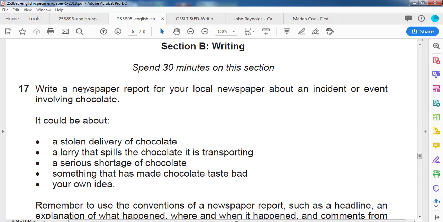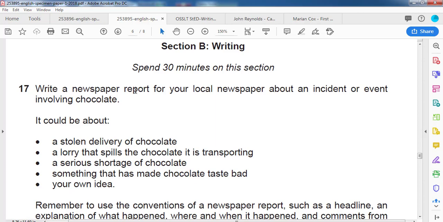So again, the writing section here is a newspaper report, so it is not necessary to be the same. The genre of writing will be different from the genre of the text.